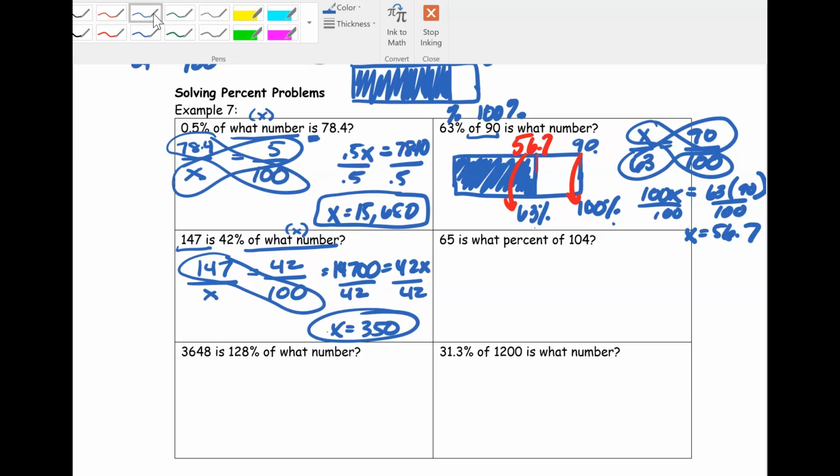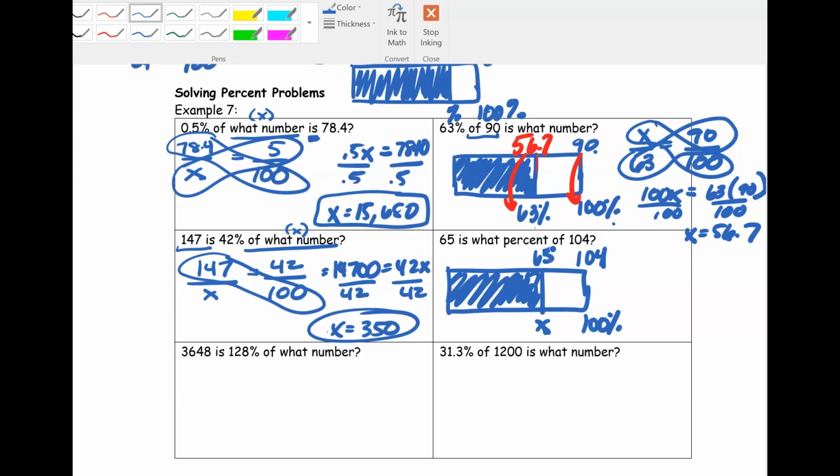And then let's do this next one. So 65 is what percent of 104? So if we know 104 is all filled up, 65 is going to be like right there. And it doesn't have to be to scale. We don't know the percentage that 65 is, but we can write 100% there.